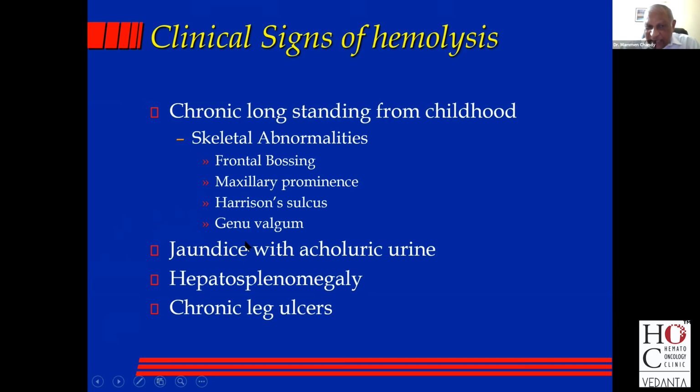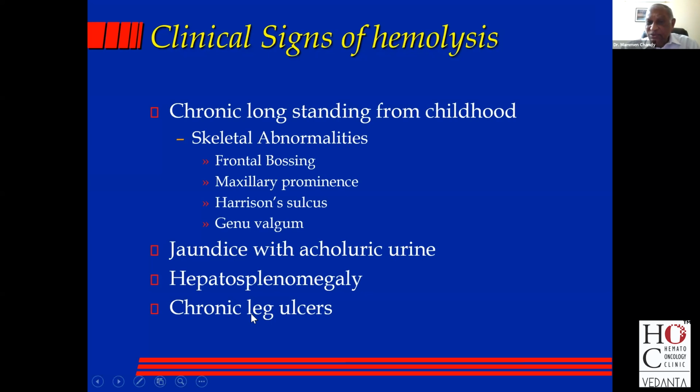You will have jaundice, right? And the jaundice is associated with colorless urine. Despite what the books tell you, it is actually acholuric urine. There can be hepatosplenomegaly and then there can be chronic leg ulcers.